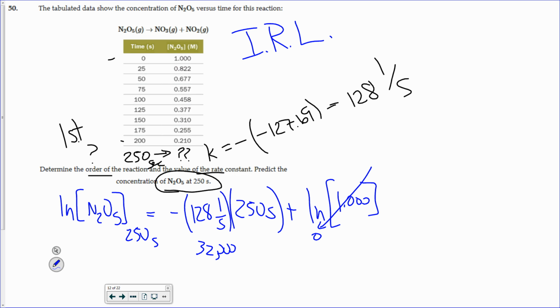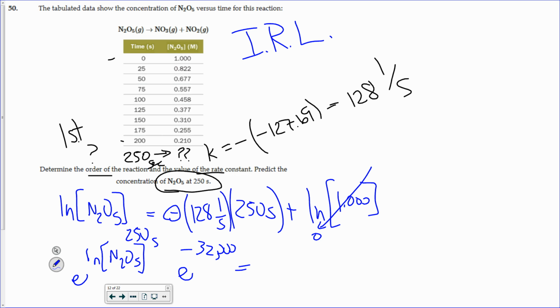Got to remember the negative in front of it, so it's negative 32,000 equals the natural log of the concentration of the N2O5. If I want to find the concentration of the N2O5, I've got to take the anti-log of both sides. And that bombs my calculator.